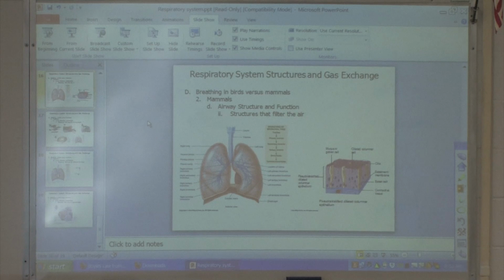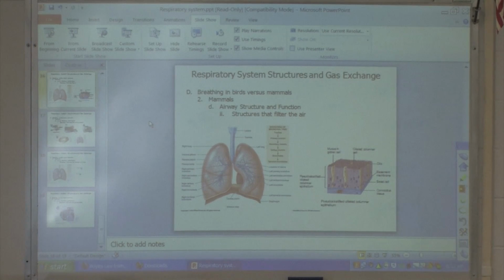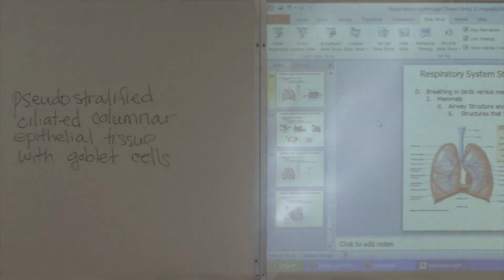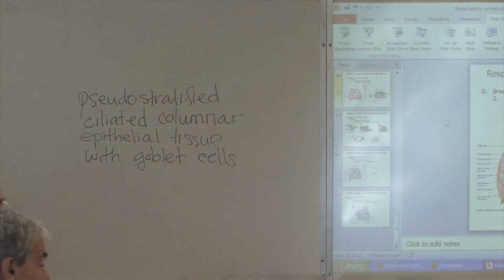Ciliated. Columnar. Epithelial tissue. Pseudostratified, ciliated, columnar, epithelial tissue with goblet cells. So it's 1, 2, 3, 4, 5, 6, 7, 8 words. You could win at Scrabble with that word.